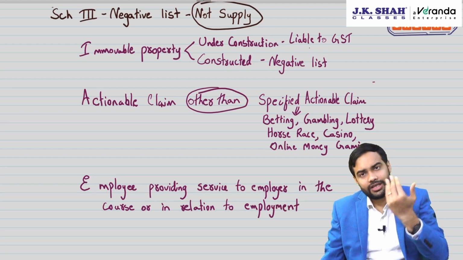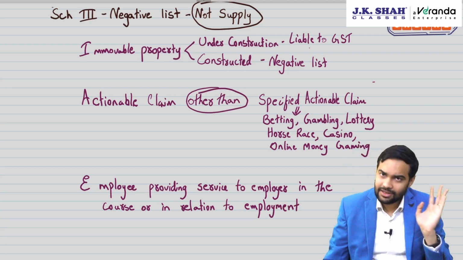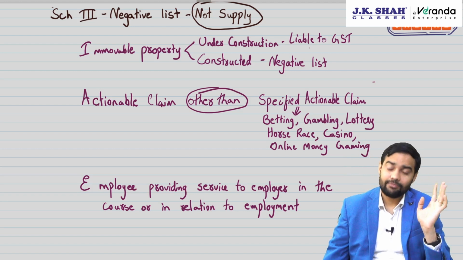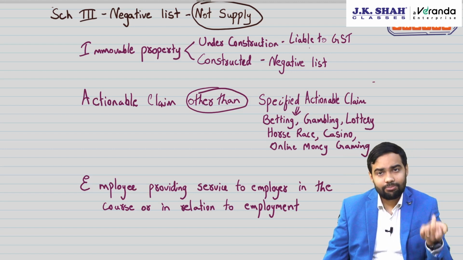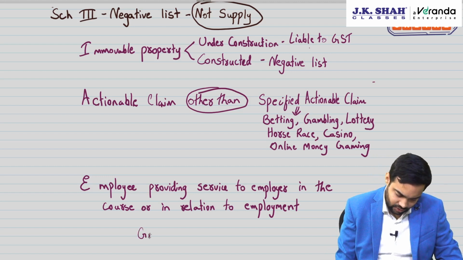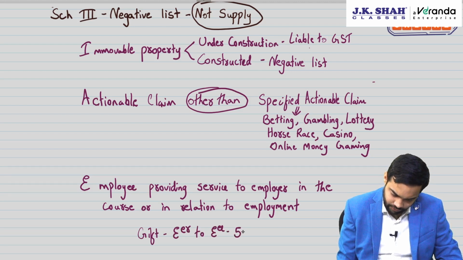So when employee is providing this and getting something from the employer, GST will not be applicable. Plus gift from employer to employee up to 50,000 rupees is also not liable to GST. No GST, sir? No. Up to 50,000 per financial year and per employee is not a supply.